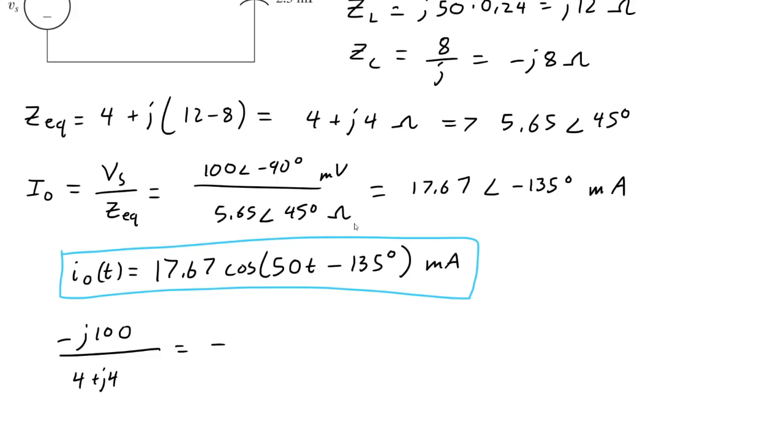That's going to equal minus 12.5 minus 12.5j. This is milliamps, since it's millivolts over ohms. So you can do that and convert it. You'll find that the magnitude and phase are the same as what we calculated. So they work both ways.